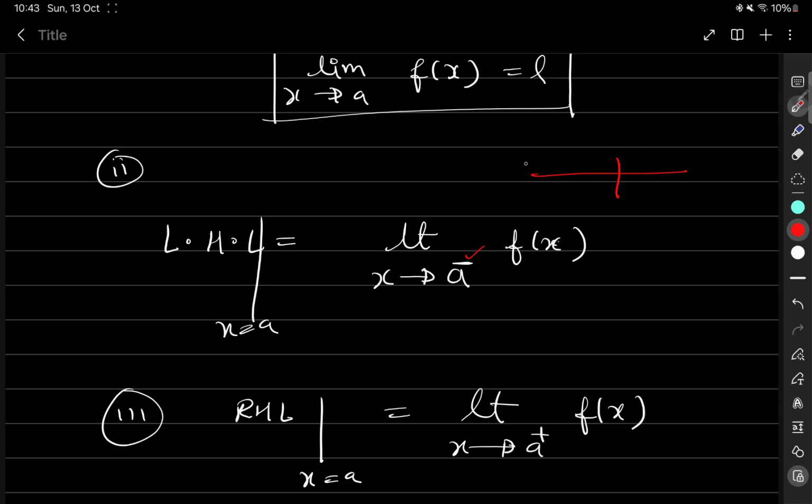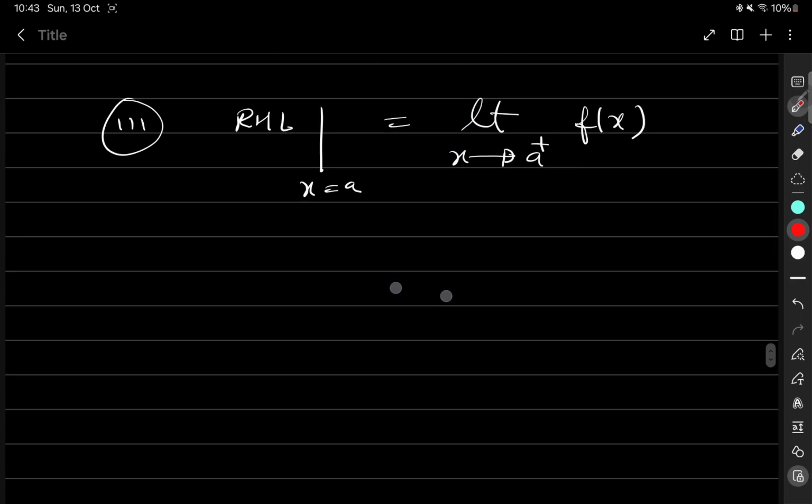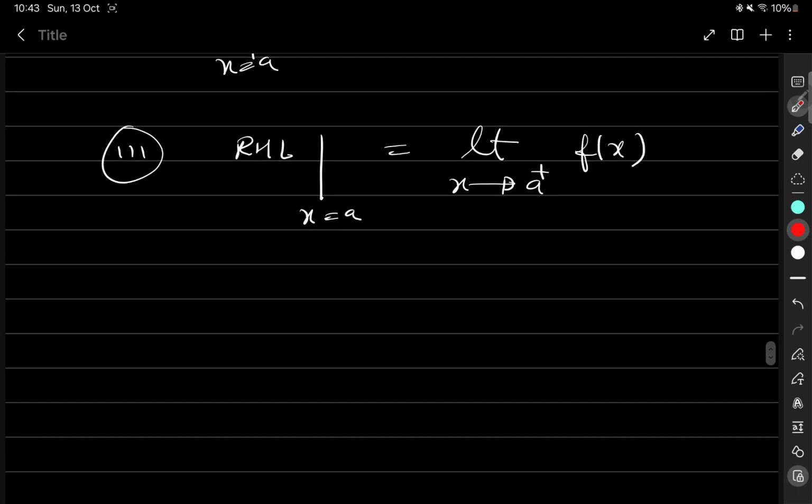When we move towards a from the left hand side, that is LHL, we call this a negative, and when we move towards a from the right hand side, that is RHL, we call this a positive. This is how to represent it in mathematics. Got it? So these are the two points.